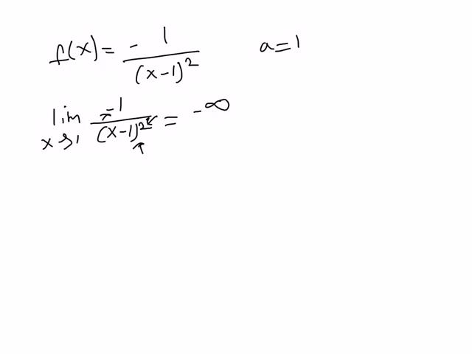And over here you have a negative, so you are dividing by a really small positive number and taking the negative of that, which gets you to negative infinity. But negative 1 over (1 - 1) squared, in other words, negative 1 over 0, is undefined. So that's why we have a discontinuity there.